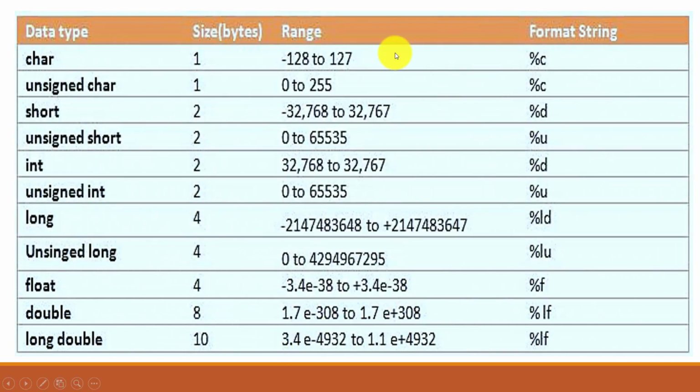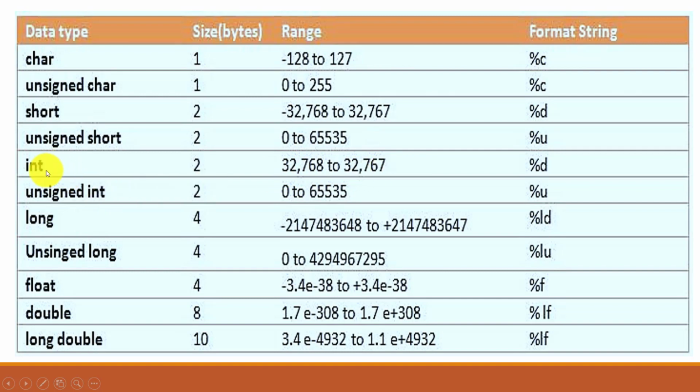Now let's understand the range of data types. Character has a size of 1 byte, and its range is -128 to 127, and the format specifier is %c. Again, the integer can hold 2 bytes, with a range of -32,768 to 32,767.